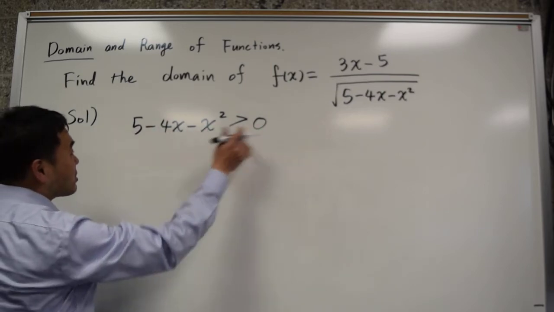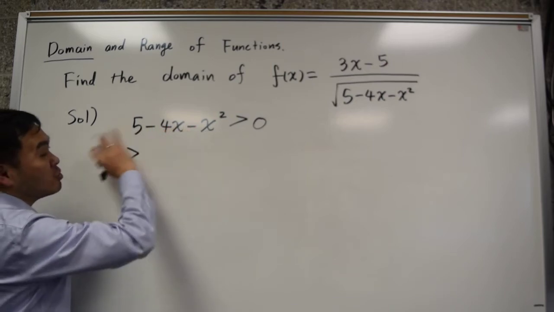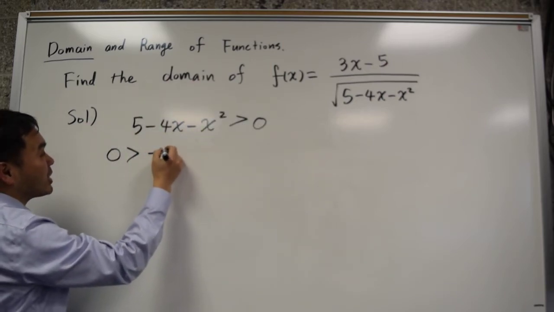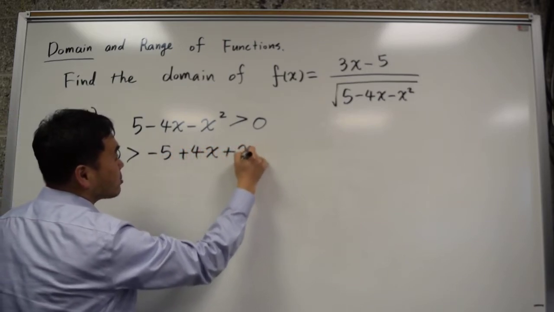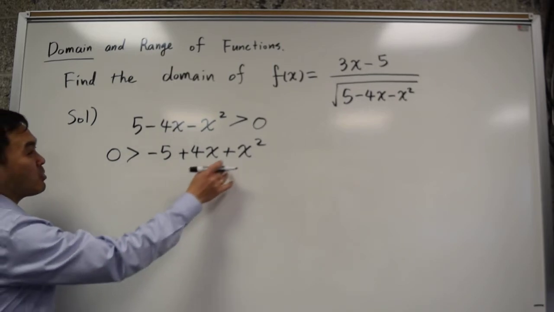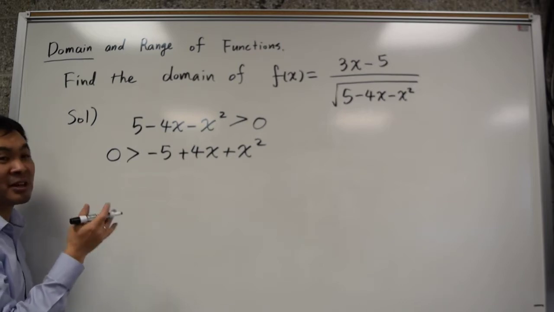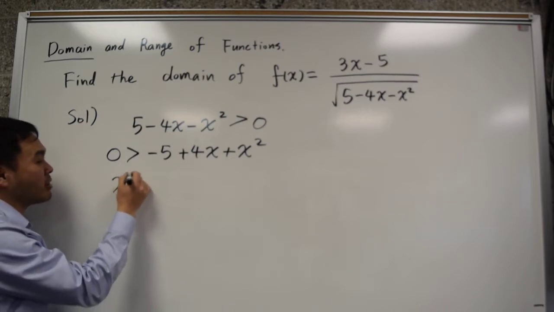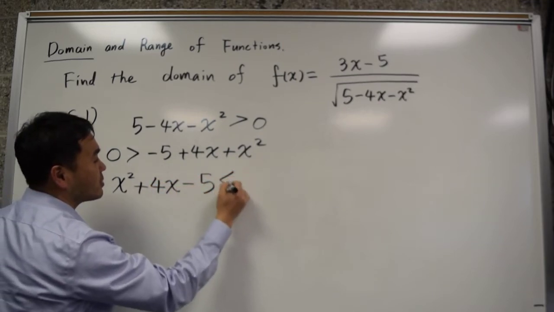So I'm going to move everything to the right side. And every term, when you move it to the other side, becomes the negative. So the signs change. And I also like to have x squared in the beginning, that's less confusing. So I'm going to write down x squared plus 4x minus 5 less than 0.